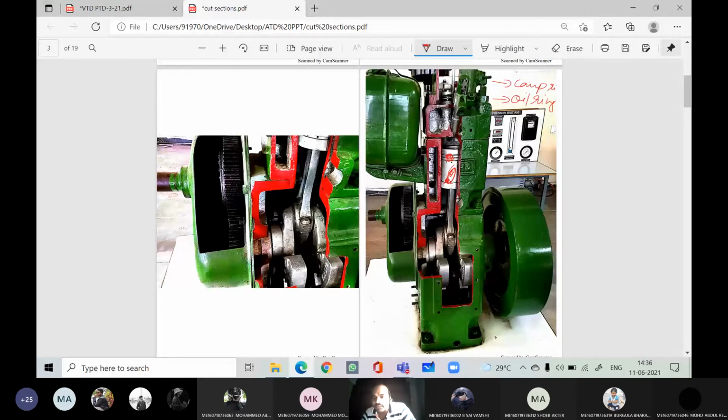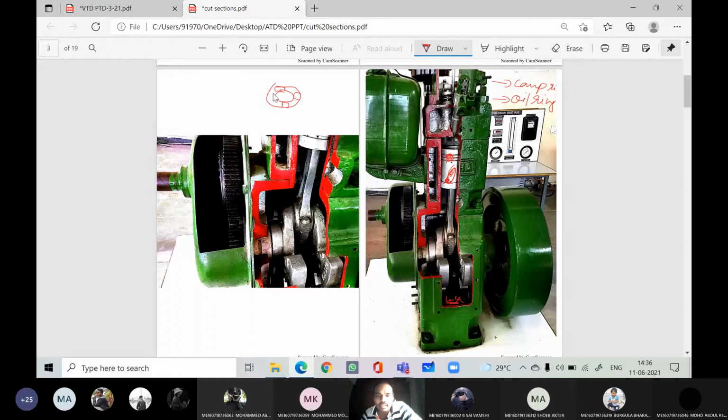The purpose of compression rings is not to allow the products of combustion into the crankcase. This is our lubricating chamber, we can call it the crankcase. The gases are under high pressure, and these piston rings prevent them from entering the crankcase. And the oil rings have certain grooves within their periphery.